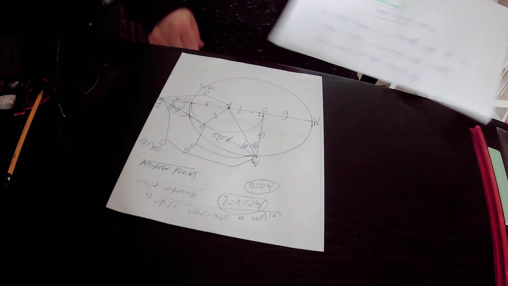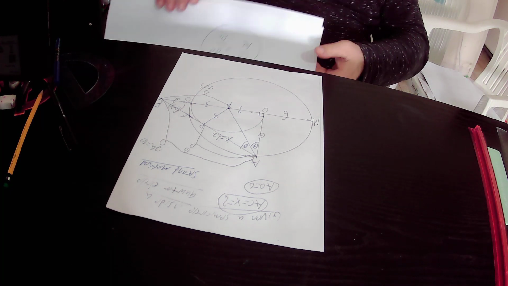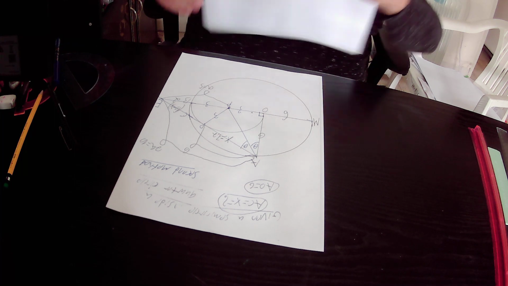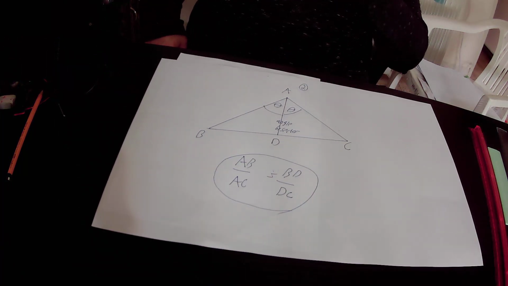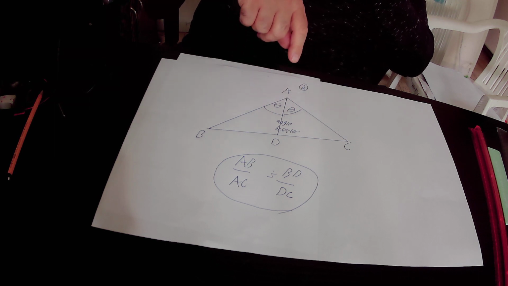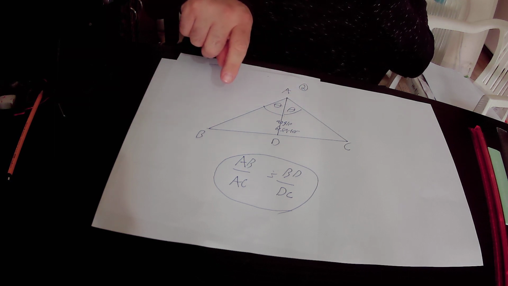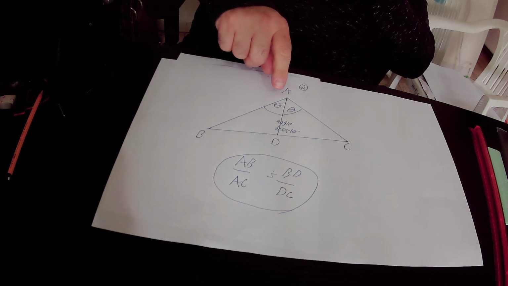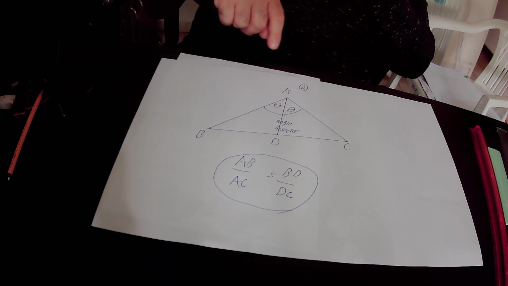So here we have this triangle ABC, that could be any triangle. Here line segment AD is the angle bisector. Why? Because it bisects angle BAC into two halves. The first half is theta, and the second half is also theta.